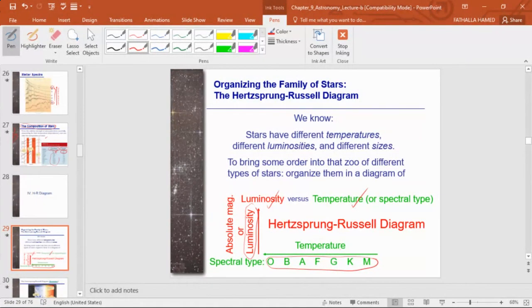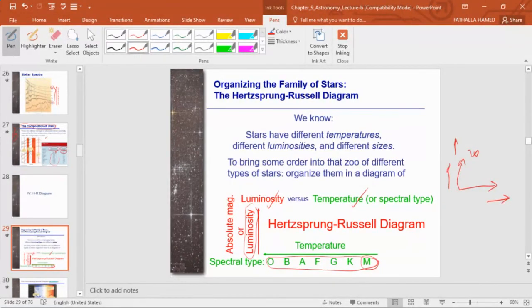But one thing you have to be careful about when we look at this diagram: the luminosity increases as you go along the y-axis, but along the x-axis, you go from lower to higher, like curves you are used to when you take x and y, so it's increasing that way.